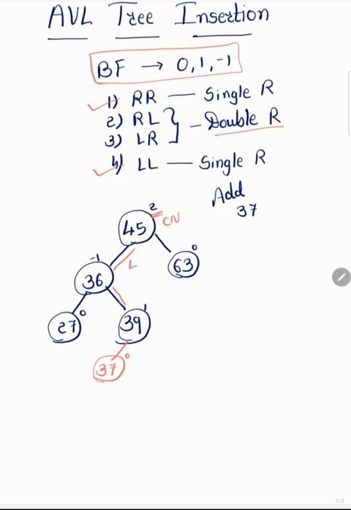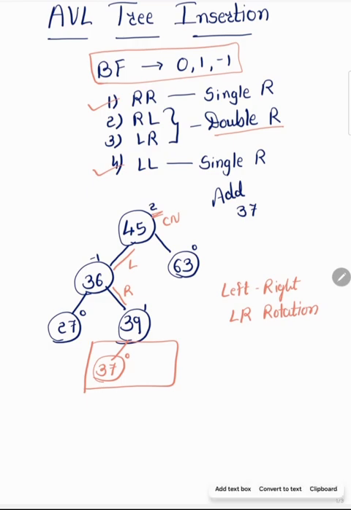So my newly added node is added to the left of right, so this is my LR rotation. We require LR rotation over here. Now how to do LR rotation, I'll explain to you. In single rotation, what we do is we rotate the critical node itself, right?